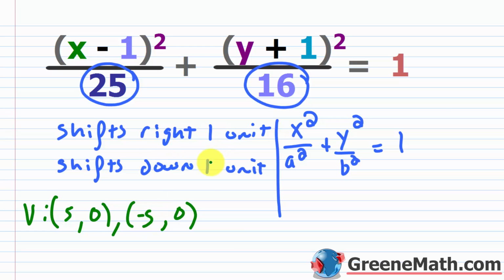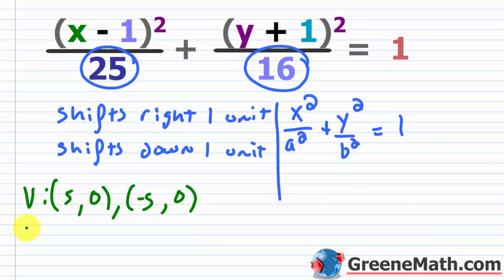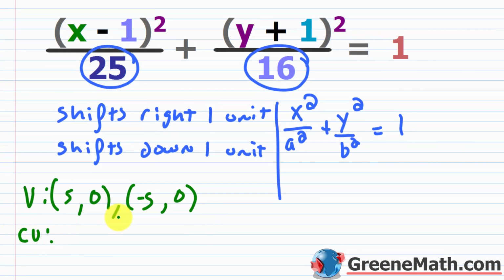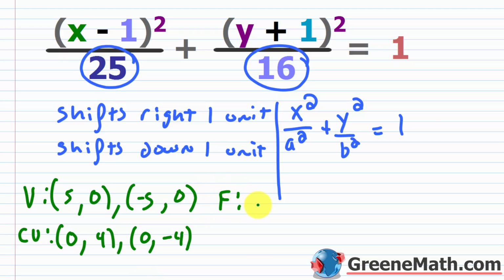So we'll shift this stuff in a minute. This is not going to be the final thing. Then we have the covertices. Okay, so from our formula, again, we turn to this b squared, and we say it's 0 comma square root of this guy, square root of 16 is 4, and then 0 comma negative square root of that is negative 4, okay? And then for the foci, let's put f here, we have what?